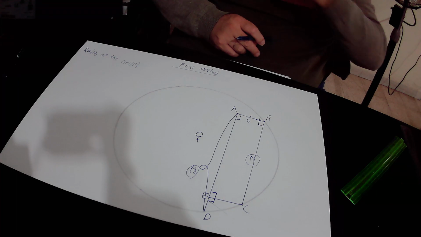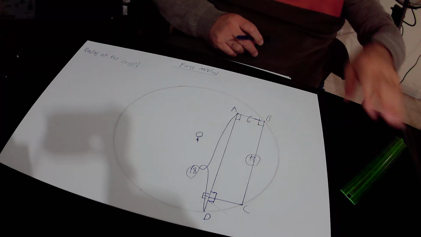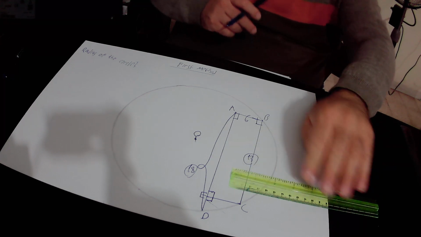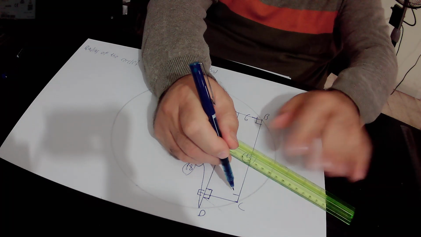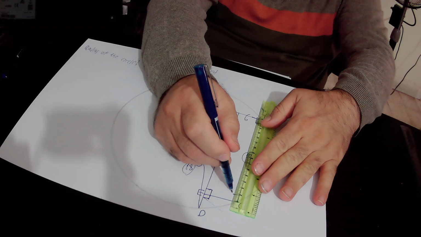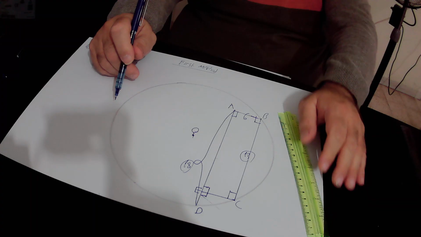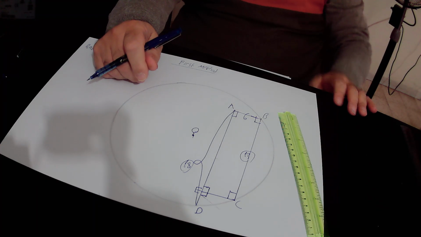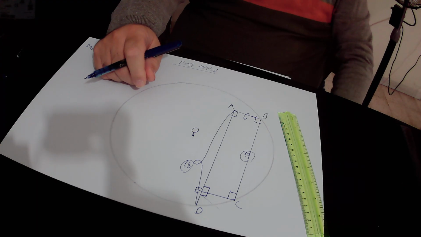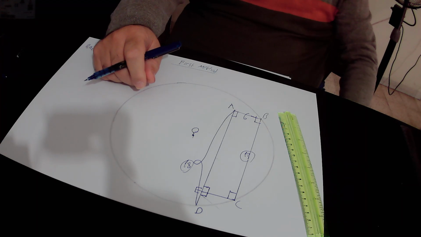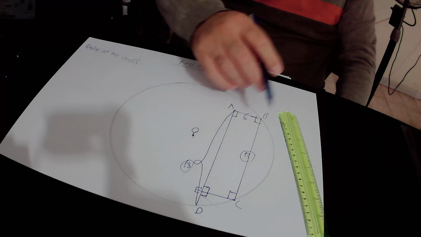So in order to complete the sum of the angles in this quadrilateral to 360 degrees, this angle must be equal to 90 degrees. This is according to the rule that the sum of the angles in any quadrilateral is equal to 360 degrees. So actually, inside quadrilateral ABEC, we have 4 right angles.